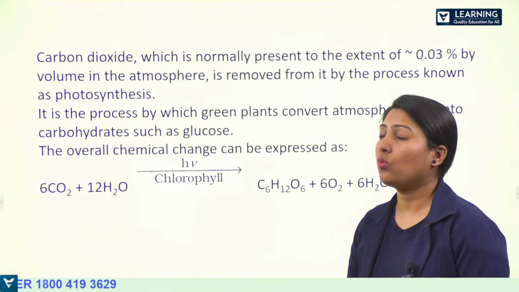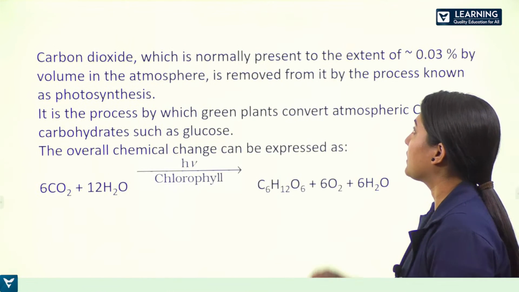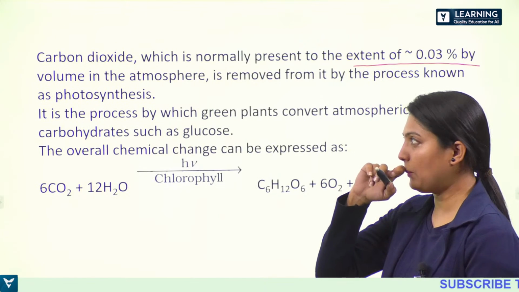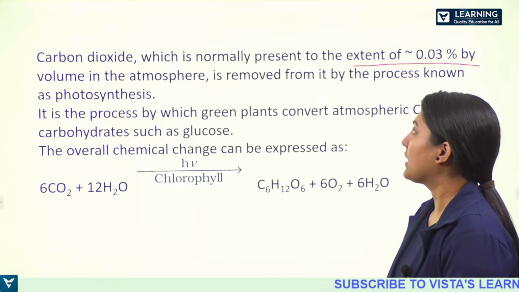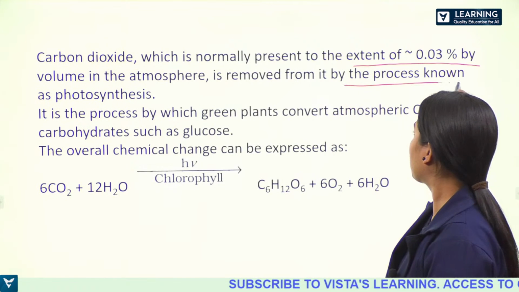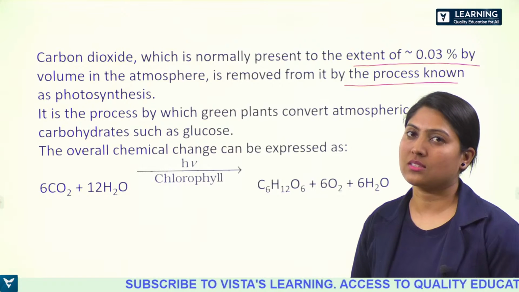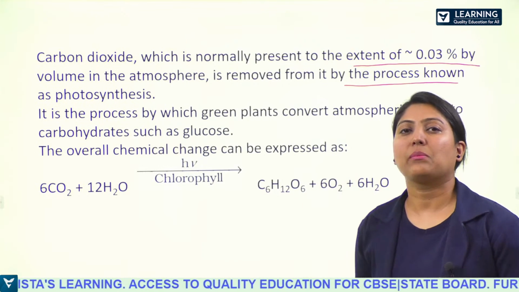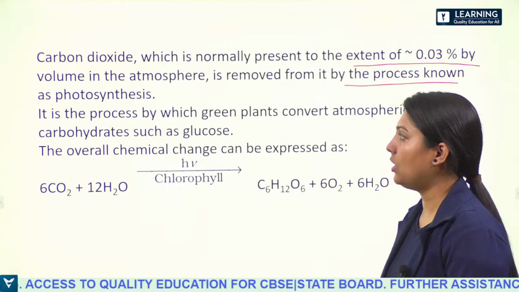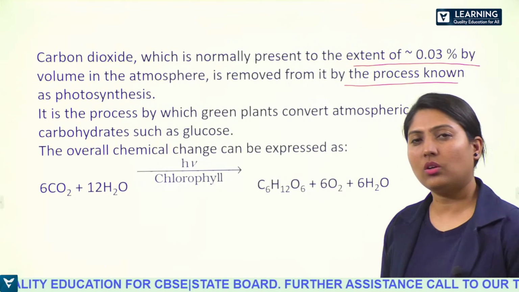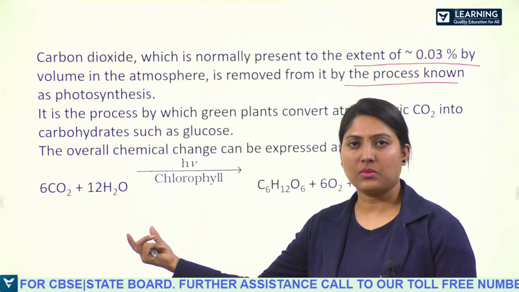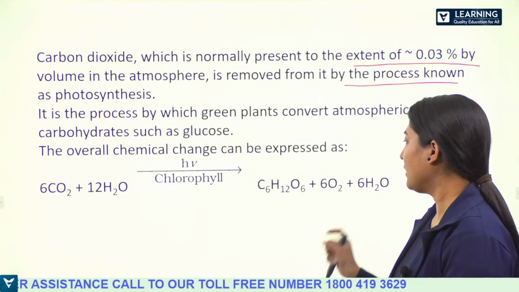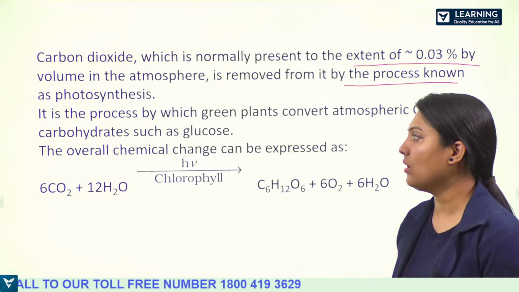Carbon dioxide is normally present to the extent of 0.03% by volume in the atmosphere, and it is removed from it by the process known as photosynthesis. In photosynthesis, carbon dioxide is absorbed, and in the presence of chlorophyll and sunlight, we get glucose and oxygen with water.